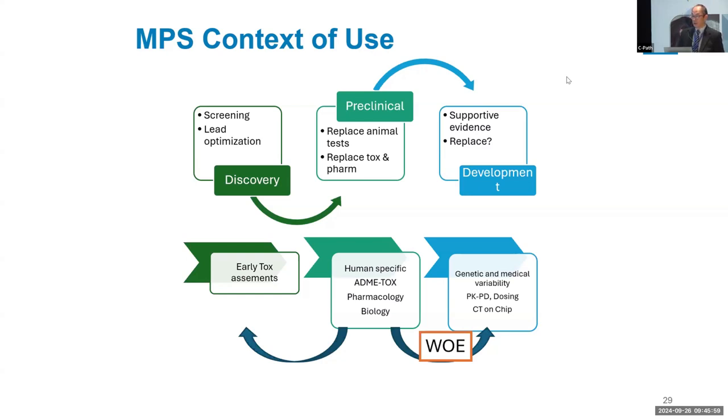The preclinical phase is a little bit of a gray zone. Some of the applications might be more important for regulatory decision-making, and some of them are probably more towards internal decision-making by the industry.